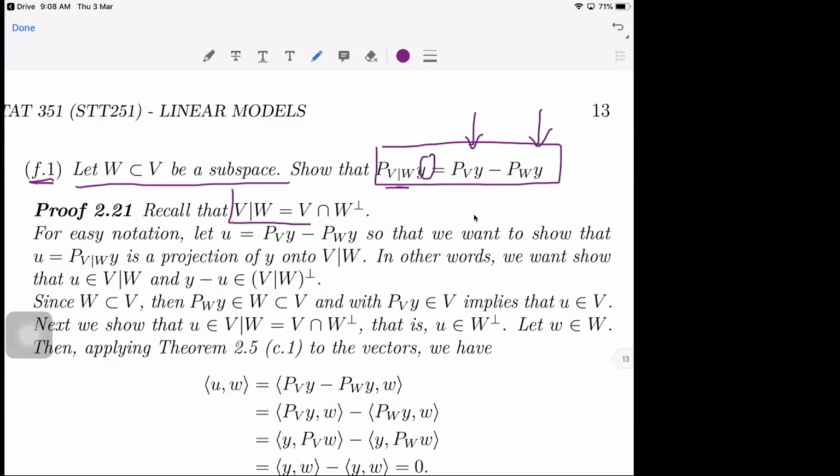Now recall that V mod W is expressed as the intersection of V and W perp.